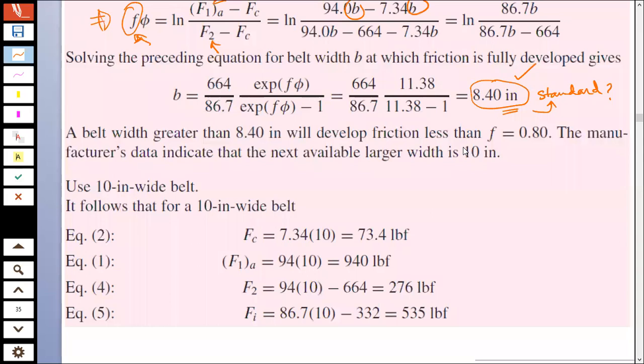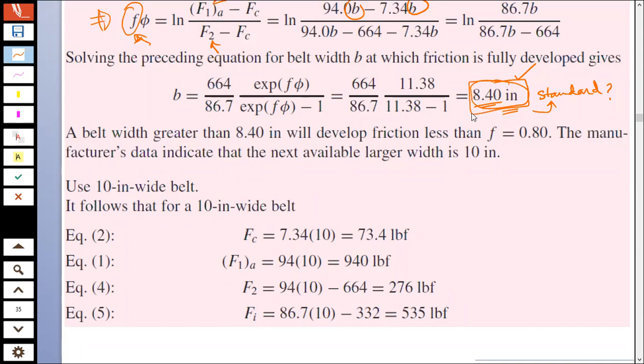And it will be at the verge of the maximum friction that can be developed by using that material. But if you increase this value, for example instead of 8.4, this 8.4 might not be a standard size and it might not be available. So this is the minimum of B that you are going to use.